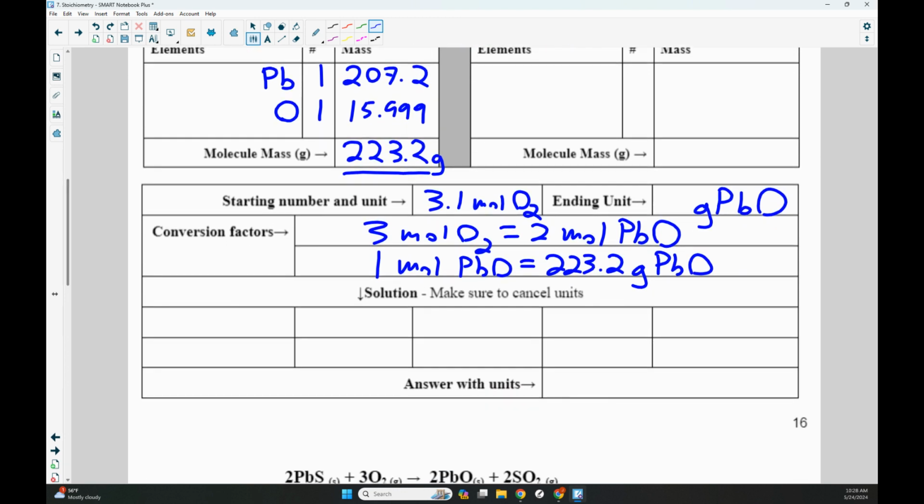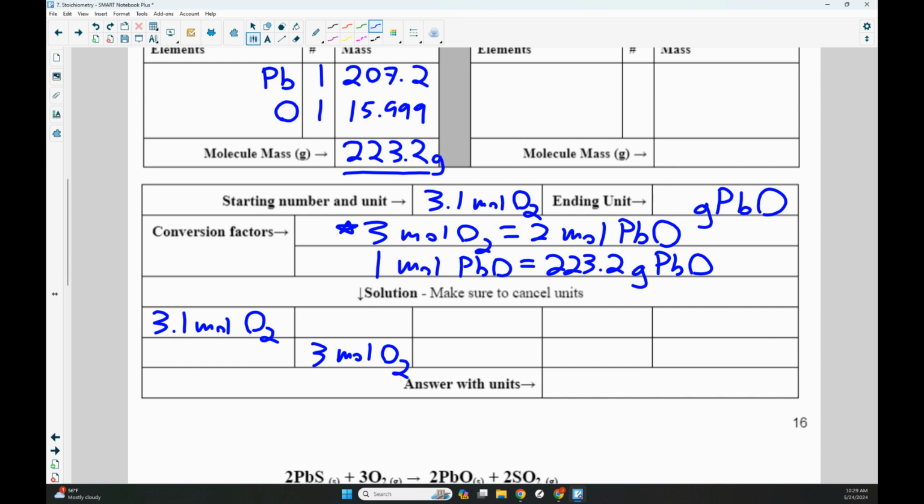All right, so we have two conversion factors, so we are going to need to do a two-step problem here. As always, we're going to put our starting number and unit right here. Not grams, it should be moles, so 3.1 moles of oxygen. And my first step, and I do like to go in sequence here using my roadmap, is I want to convert from moles of oxygen into moles of PbO. So I'm going to use this conversion factor. I'm going to put oxygen on the bottom since I'm trying to cancel it out.